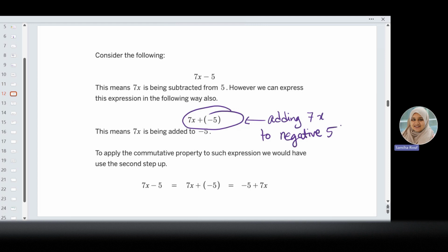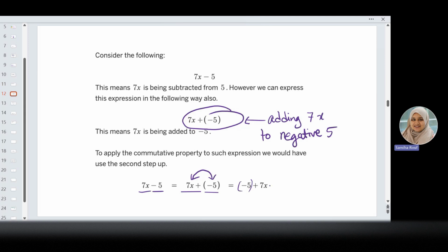So in that sense, if I had to apply the commutative property and I wanted to move the terms around, what would I do? Well, if I have 7x minus 5, that's the same as 7x plus negative 5. So I can switch these around, and then I'll end up with negative 5 plus 7x.